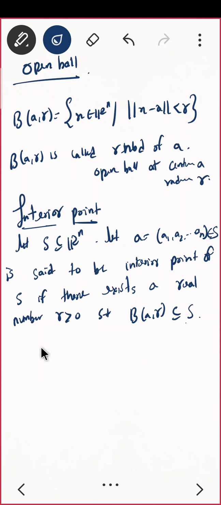So suppose this is my S. Correct? If I want to say this point is an interior point, I should be able to draw an open ball which is completely lying in this S. So that means I can draw it. But if my point is here, can I draw an open ball such that the open ball is completely inside S?